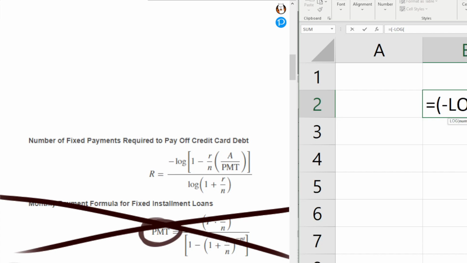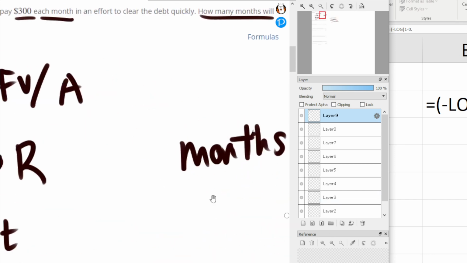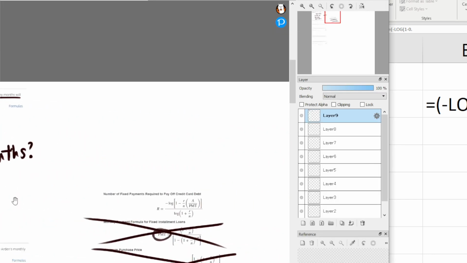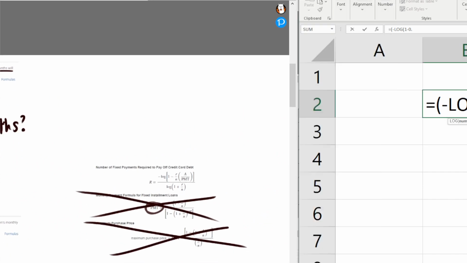And then 1 minus R over N, which is 0.1299, divided by 12, because it's monthly payments.